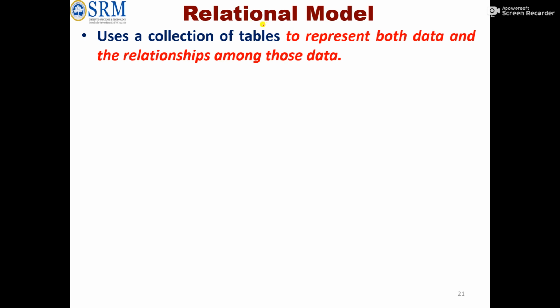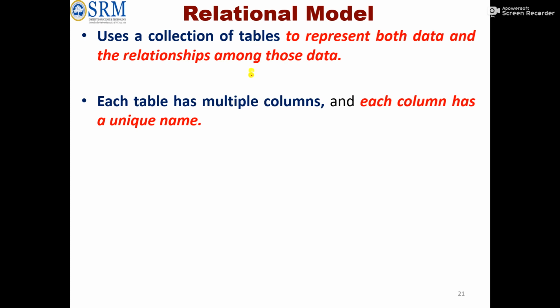From this data model, we will come to know the relationship of the particular data. Each and every table will have multiple columns, each with a unique name. Now this table is called a relation. Tables are also known as relations.